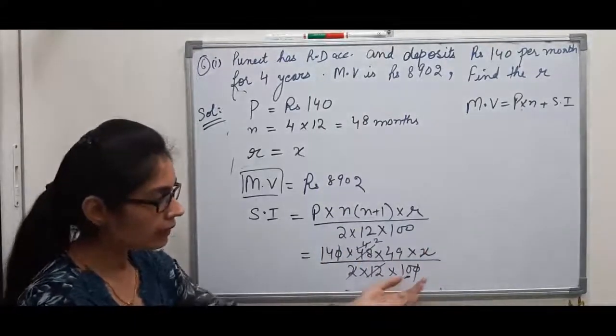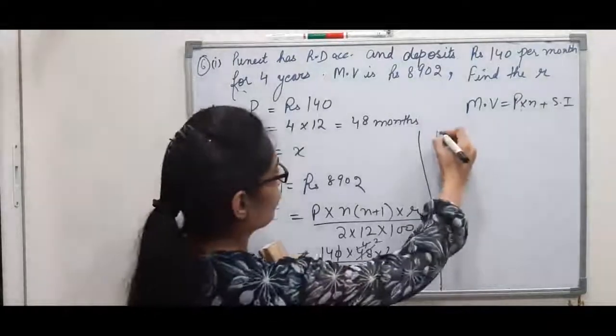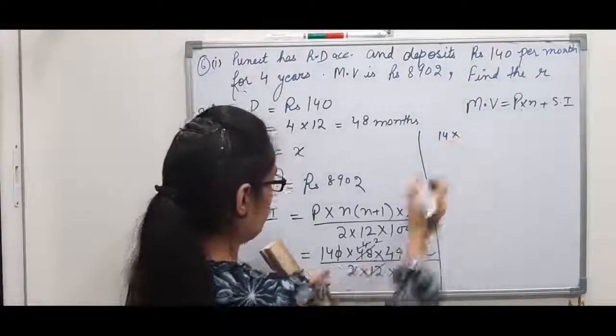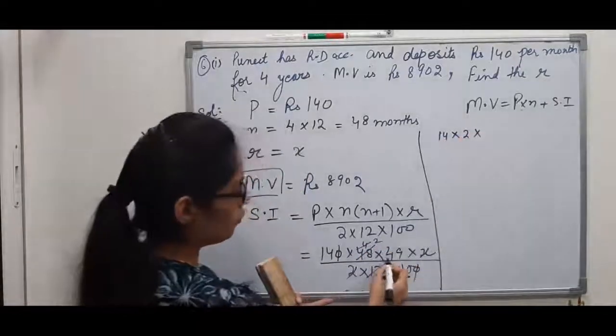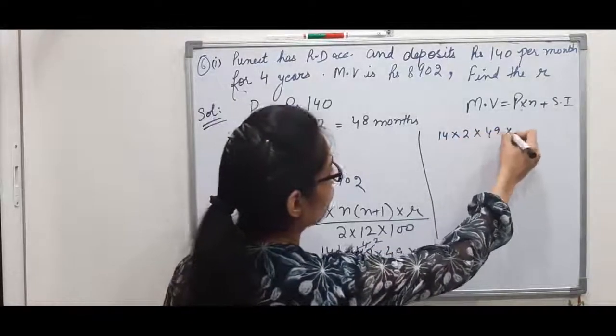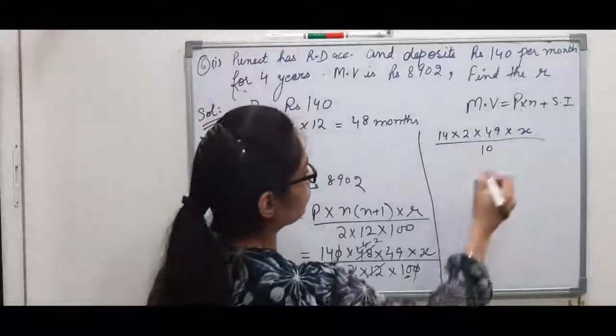So let it be like this. Now I am left with 14 into 2 into 49 into x over 10.